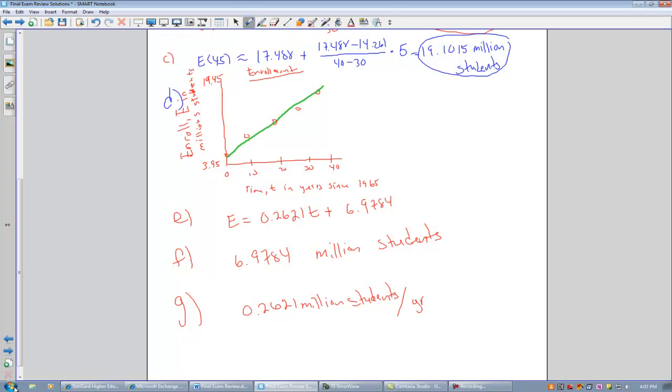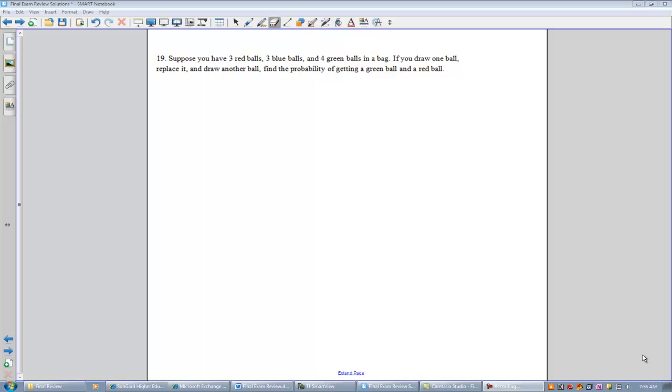million students per year. On number 19, it says, suppose you have 3 red balls, 3 blue balls, and 4 green balls in a bag. If you draw one ball, replace it, and draw another ball, find the probability of getting a green ball and a red ball. I need to change this question a bit.